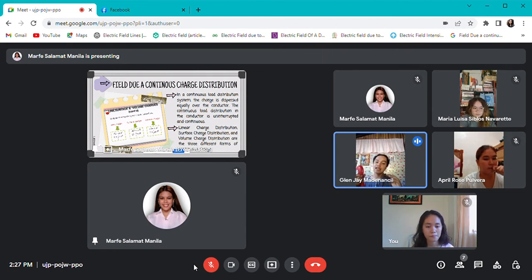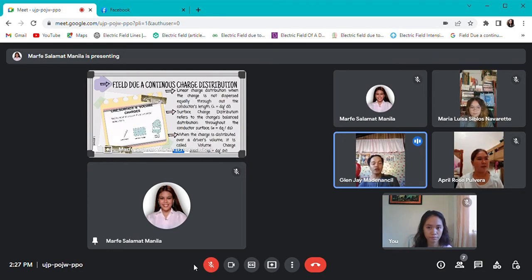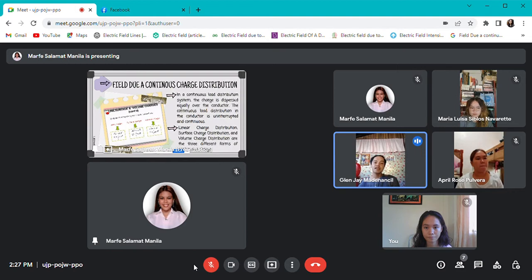Then the gap between the charges nga naga-flow o naga-distribute all throughout sa electric field o sa charged object, the gap will be little only. But then that gap won't interrupt continuously the distribution of the charges. So, I will no longer stay on this slide.